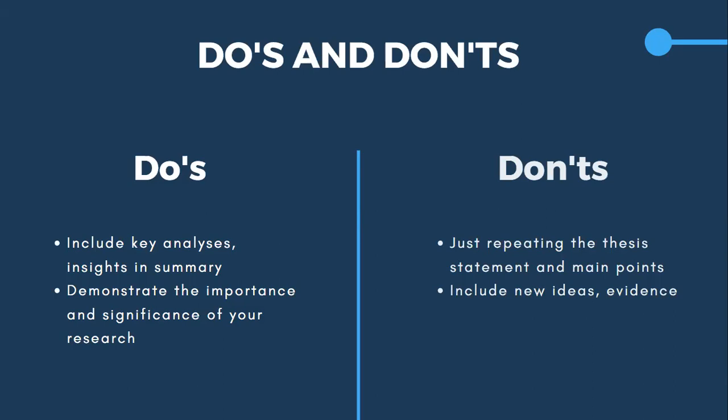So what we want to do is include the key analysis, the key insights from both of your body sections and your discussion section in the summary within your conclusion. And we want to demonstrate through all of this summary that your research is important and significant.